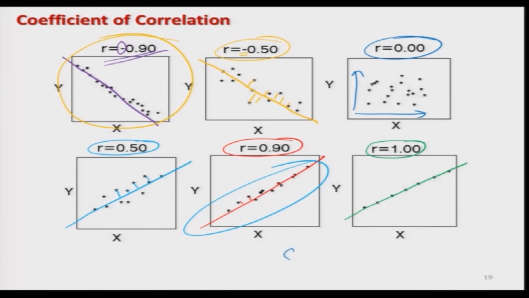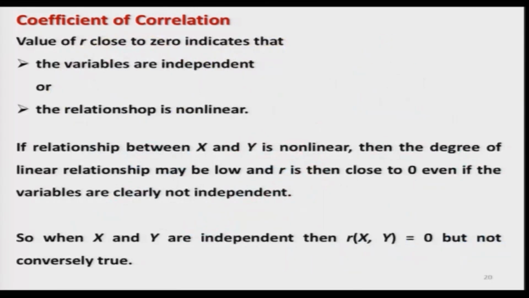These are called scatter diagrams, and you can plot them by using the command plot, right. So, to conclude this lecture, you have to keep in mind a couple of things: values of r close to 0 indicate that the variables are independent or the relationship is non-linear, right.